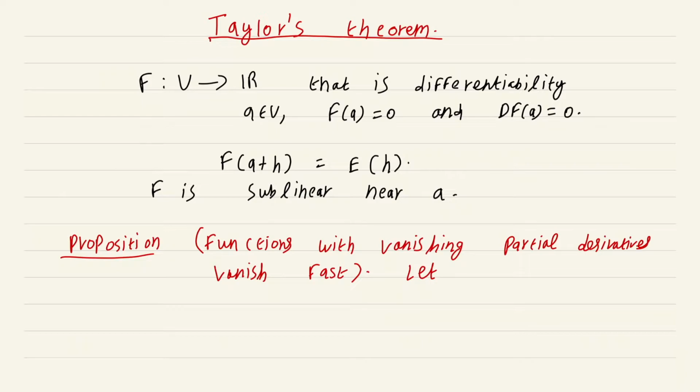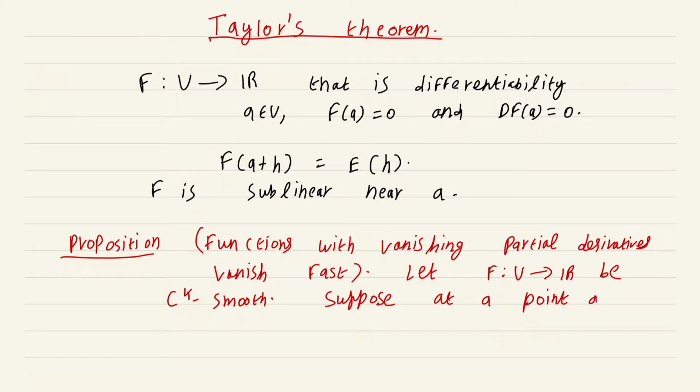Let f from U to R be C^k smooth. Suppose at a point a in U, f of a and the partial derivatives D^alpha f at the point a, for mod alpha less than or equal to k, vanish. So not only does the function vanish, but all the partial derivatives till order k vanish.